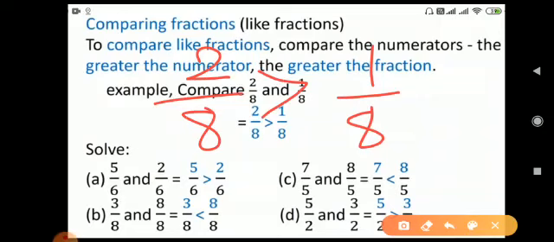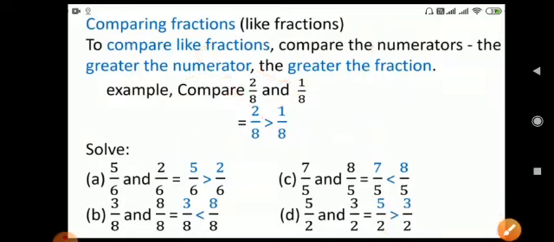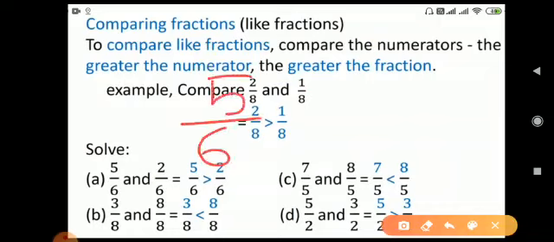Let us take another example. Suppose 5 upon 6 and 2 upon 6 are given. Here just check the numerator. You can see here 5 is greater than 2. So you have to put the greater than sign. So 5 upon 6 will become greater than 2 upon 6.